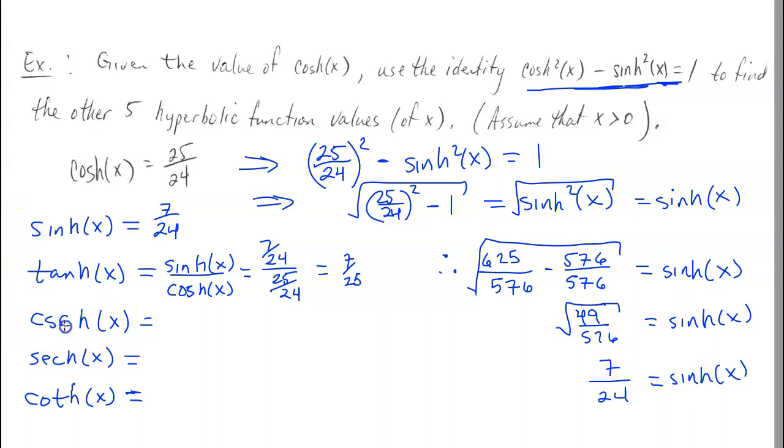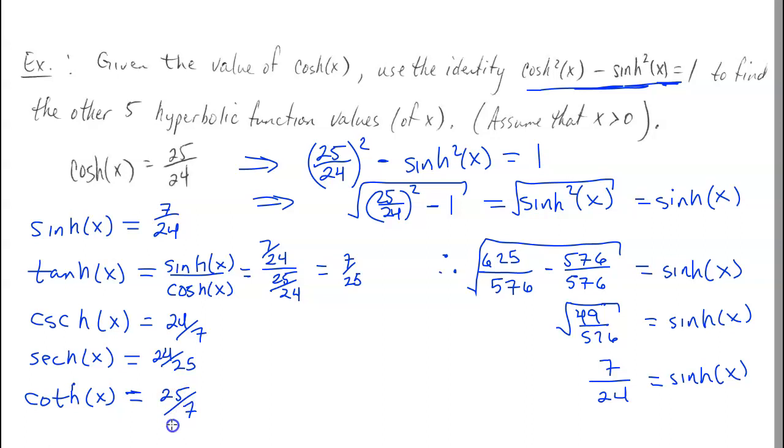Cosecant hyperbolic is the reciprocal of sinh, so that'll be 24 over 7. Sech hyperbolic is the reciprocal of cosine hyperbolic, so that's 24 over 25. And then cotangent hyperbolic, or coth of x, is the reciprocal of tangent hyperbolic, which is 25 over 7.